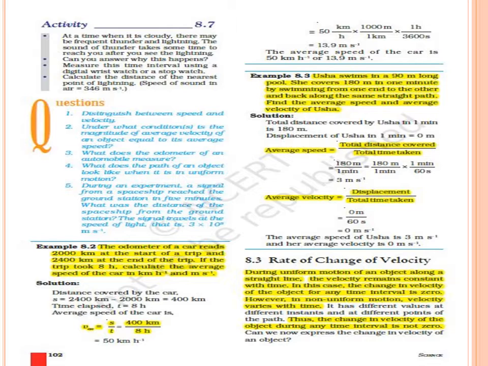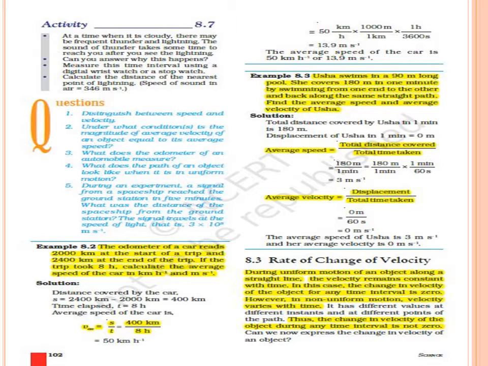Now we come to our next topic. This is the rate of change of velocity. During uniform motion of an object along a straight line, the velocity remains constant with time. This means that in case of uniform motion, equal distance or equal displacement is covered by an object in equal intervals of time.